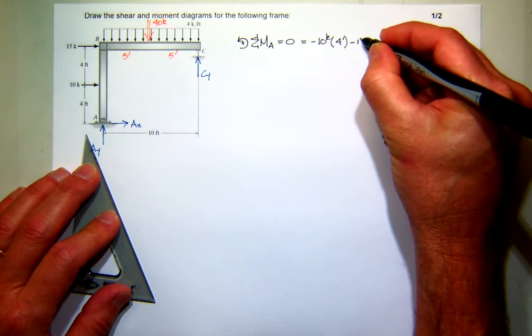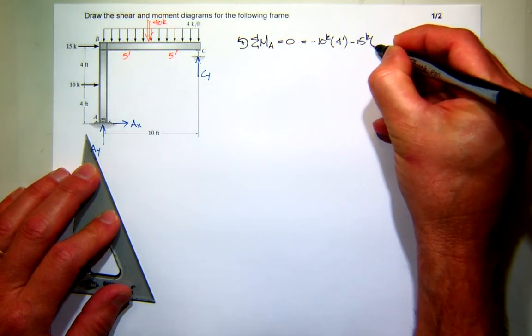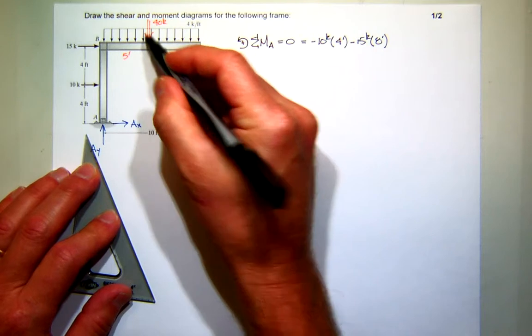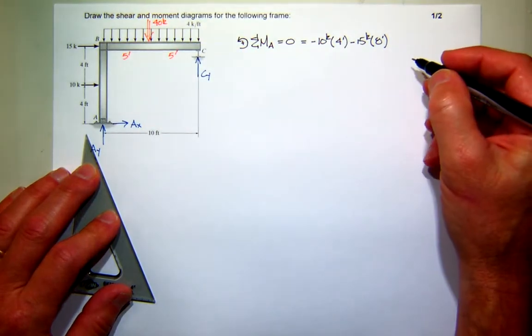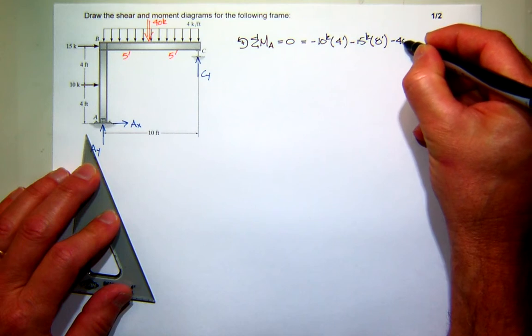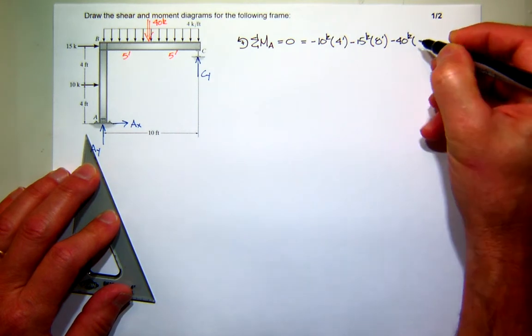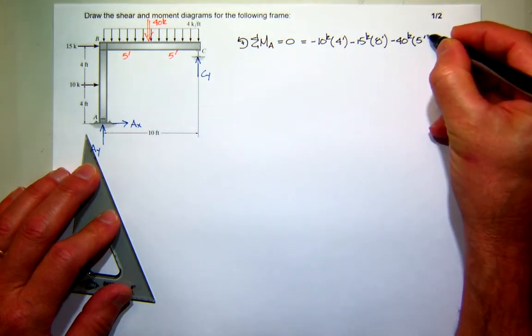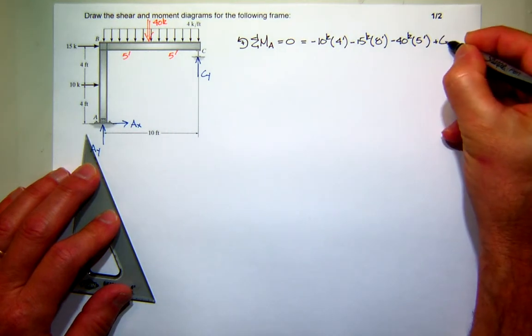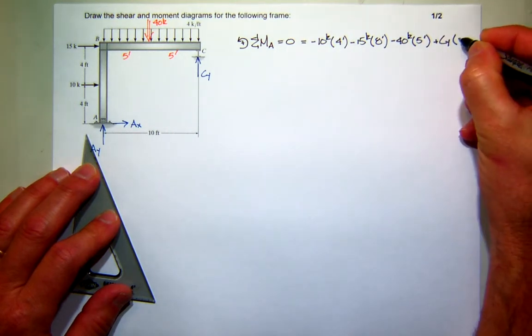The second one is 15 kips, moment arm of 8 feet. Then I've got the concentrated equivalent force. What's that creating? Positive or negative moment? Negative. That's 40 kips, and its moment arm is 5. And then I have CY, which is positive moment, and has a moment arm of 10.